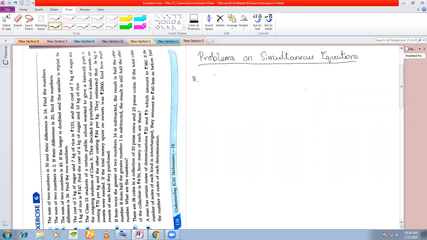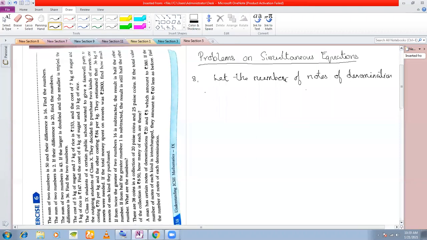So we start by saying, let the number of notes of denomination rupees 20 and rupees 5 be x and y respectively.